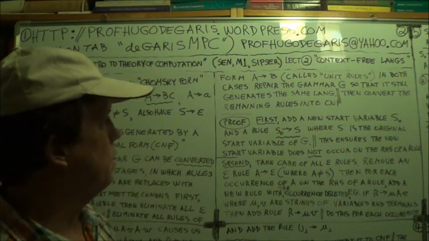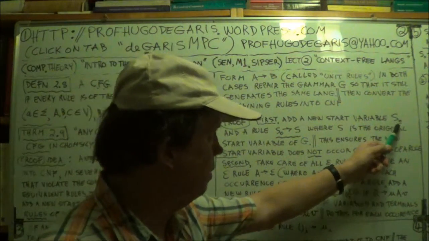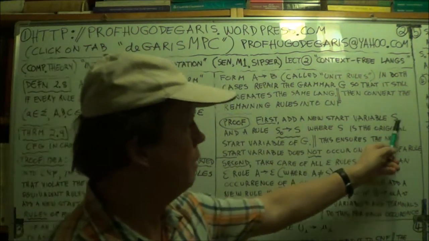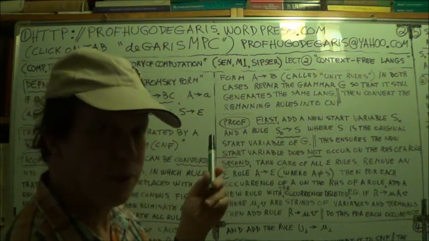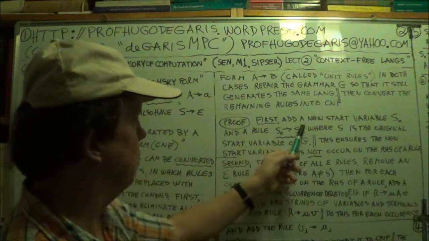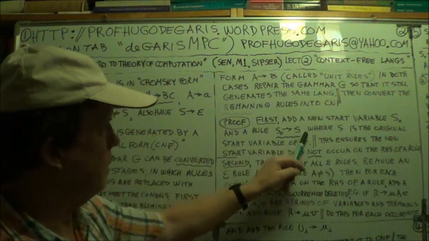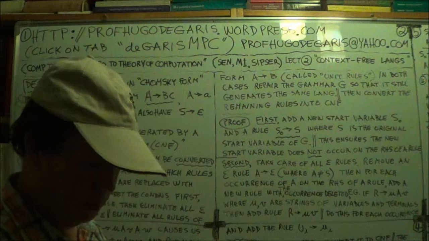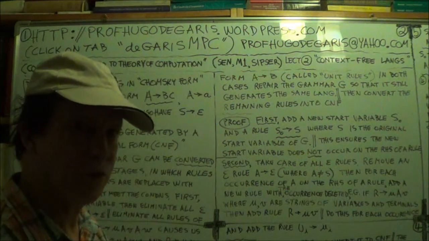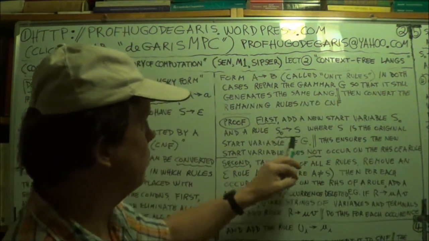So the very first one was you just add a new start variable, and we'll call it S0, and a rule. So you're adding a start variable to your V, the set of variables, and you're adding a start rule to your big R, the set of substitution rules. So add a variable and add this rule.